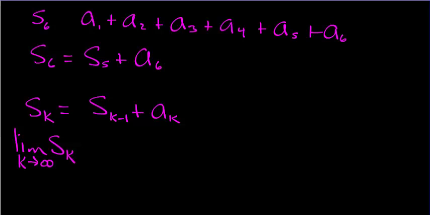Would you agree that if s sub k converges as k goes to infinity, then s sub k minus 1 is exactly the same, right? It's just one behind. So if I let k go to infinity and s sub k converges to L, then so does s sub k minus 1. So really this would be L plus a sub k, right?